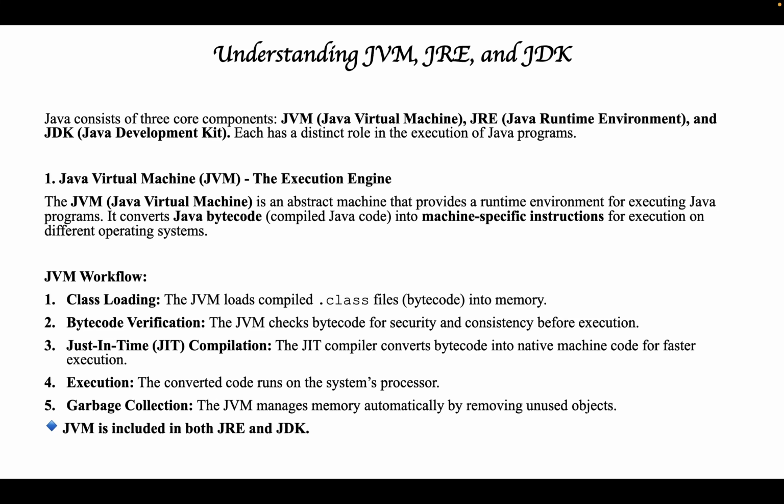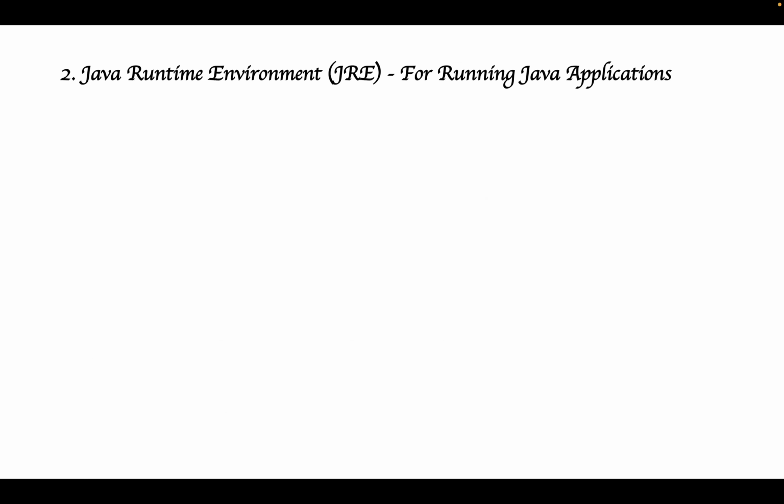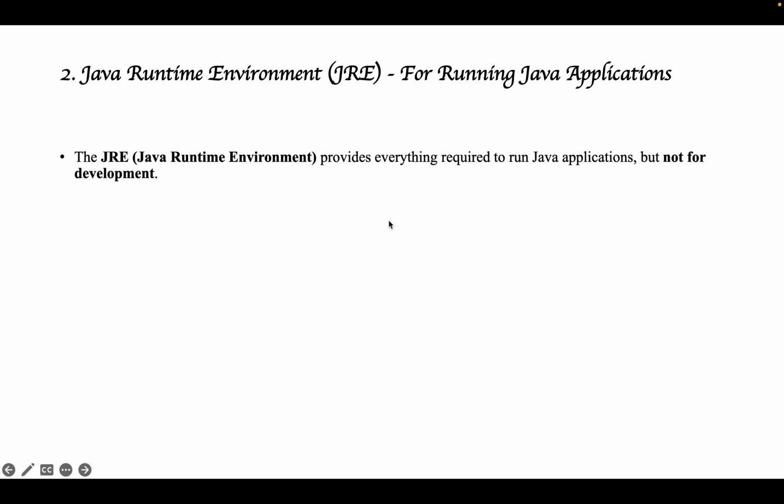JVM is the smallest part, but the most important part. JVM is included in both JRE and JDK. The JRE, Java Runtime Environment, provides everything required to run Java applications, but not for development.